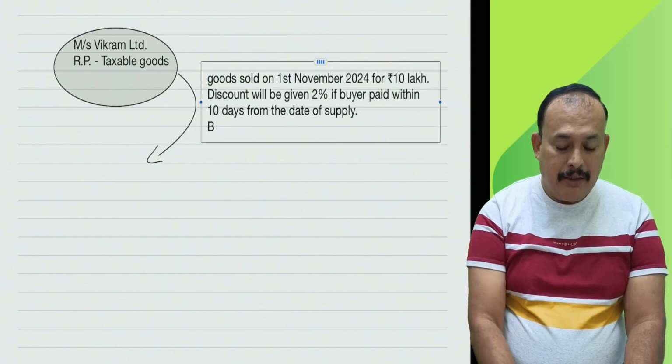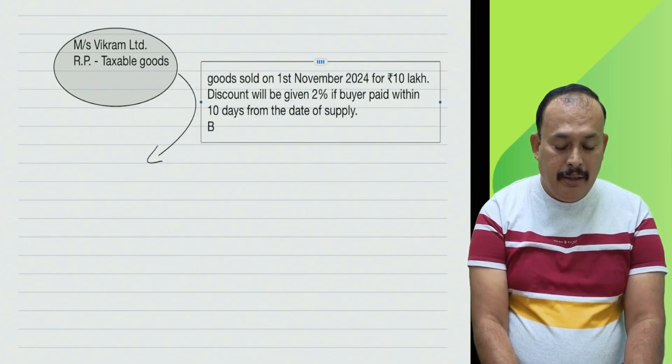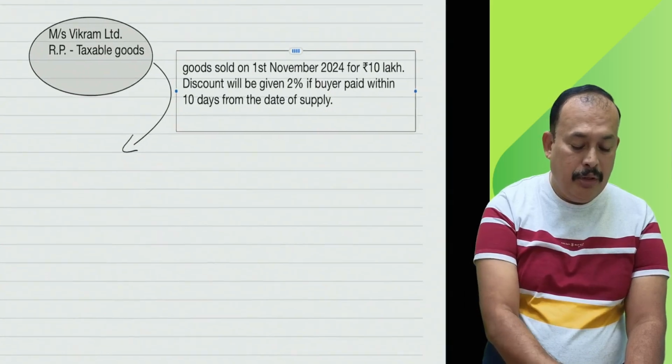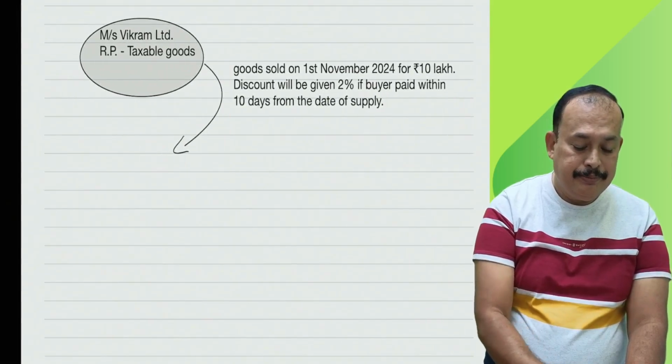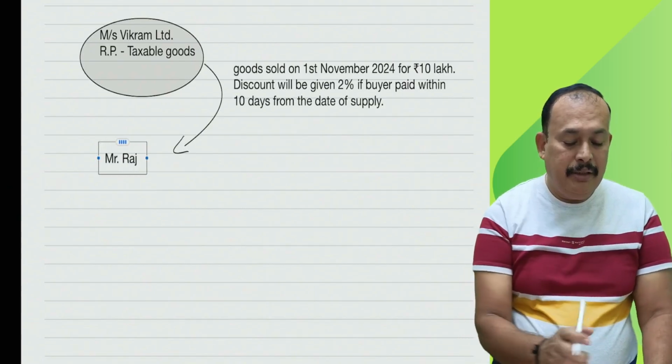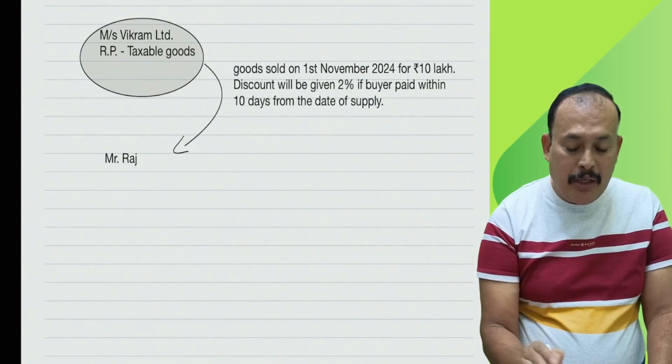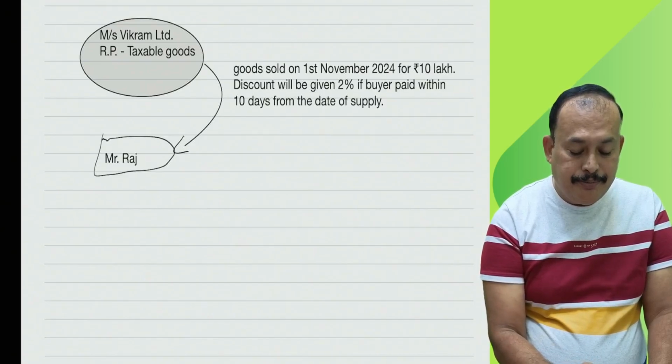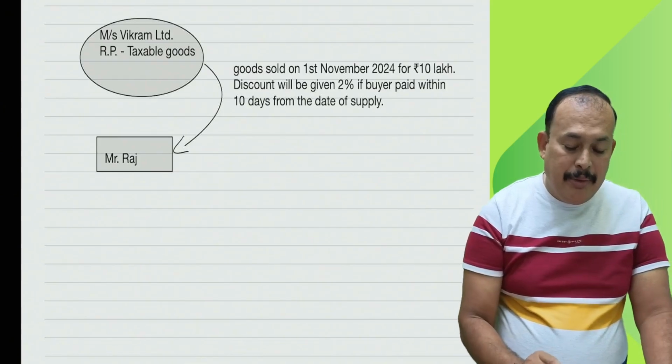In fact, buyer, let's say who's the buyer here? For example, I will say like this: Mr. Raj is a buyer who purchased this particular goods and he made the payment.